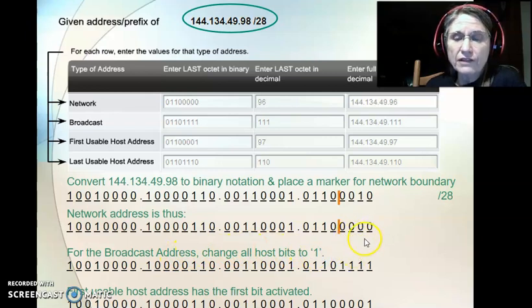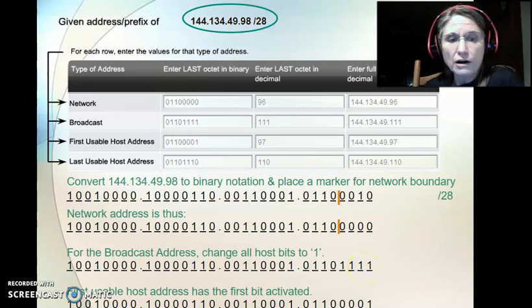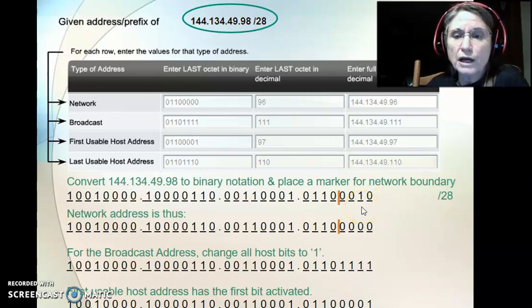And then everything that we can count between those two are our available host addresses. You can see right off, this is why we have to get good at converting between binary and decimal, then decimal back to binary.